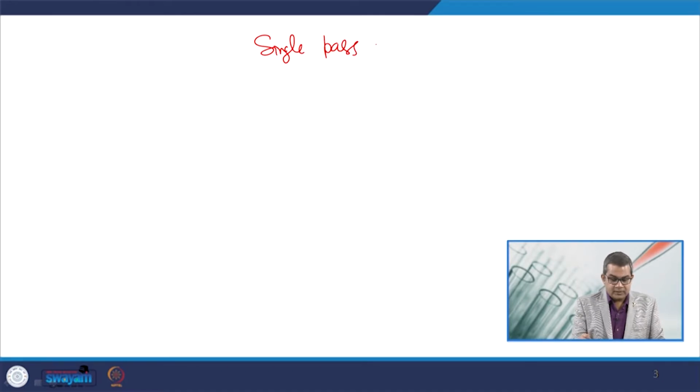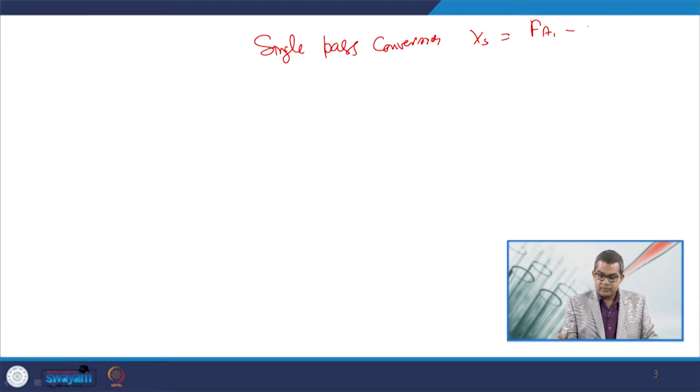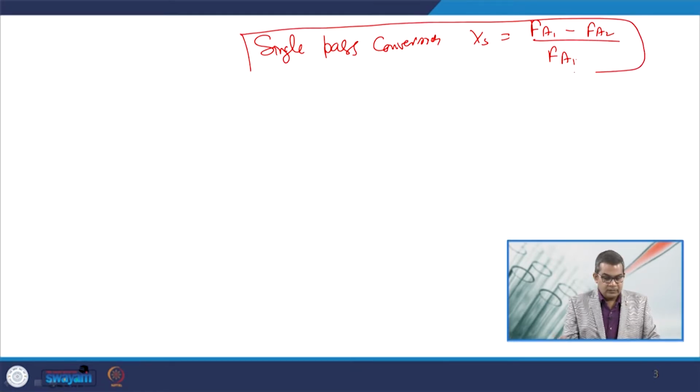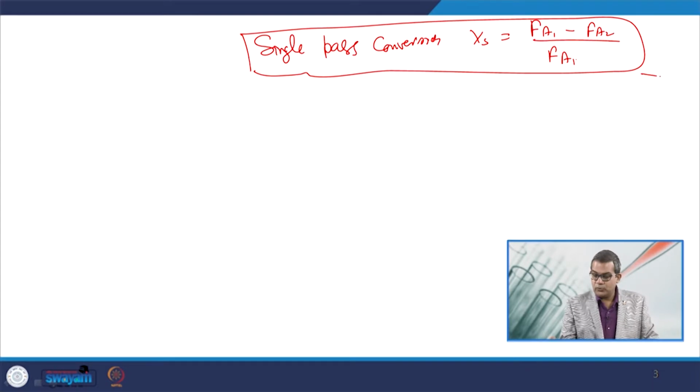Single pass conversion, FA1, this is my equation number 1.